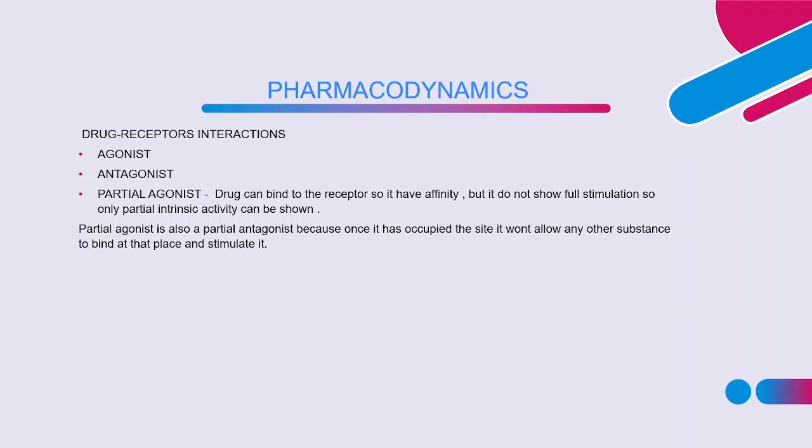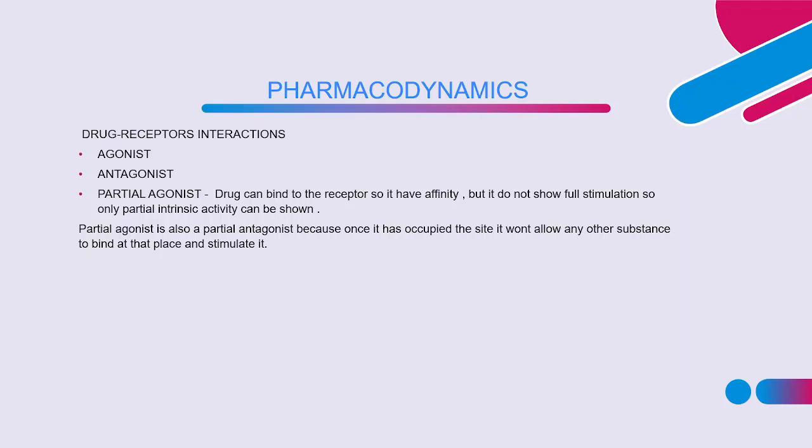But in this case, it will not stimulate the central point to its full potential. Like in the case of an agonist, as we have seen, the drug stimulates the central point to its full potential and shows its effect, and there is an increase or enhancement of the action.